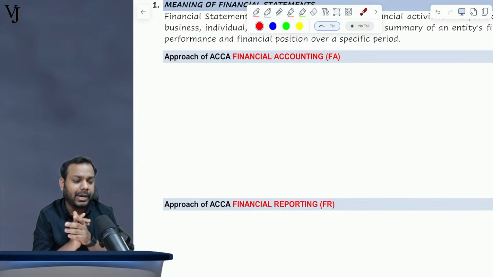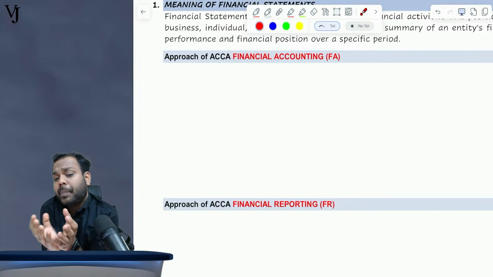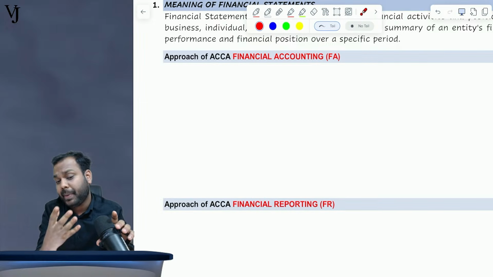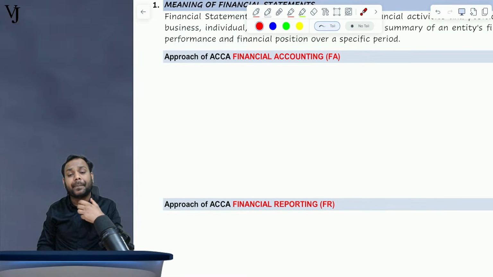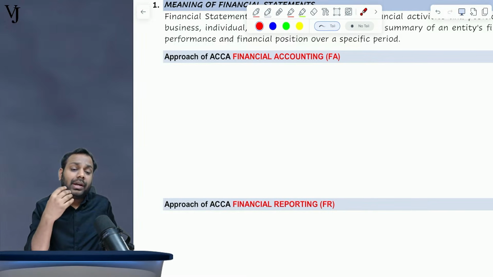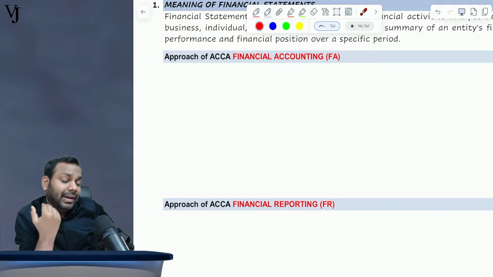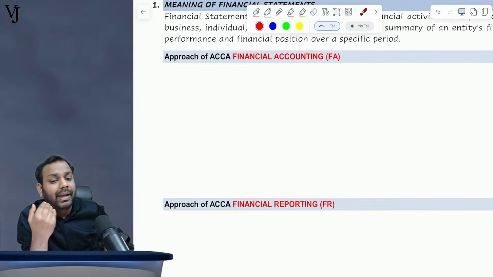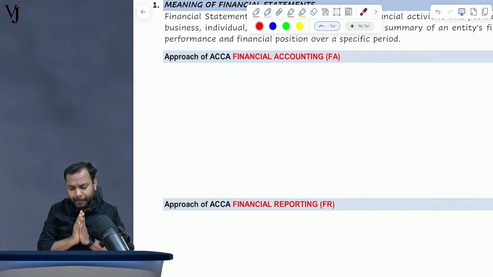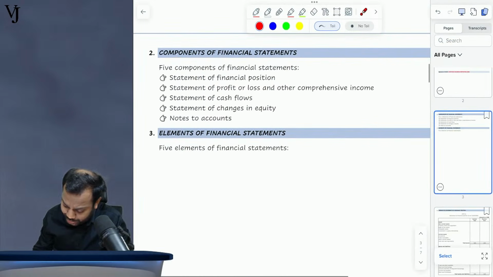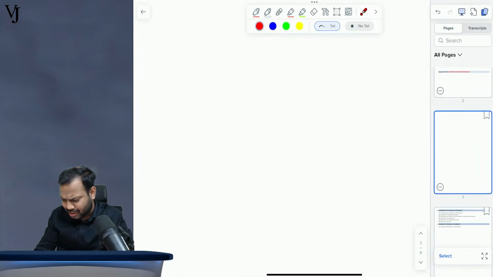Now understand, how exactly are financial statements prepared? Financial statements are prepared using the International Accounting Standards and IFRS.